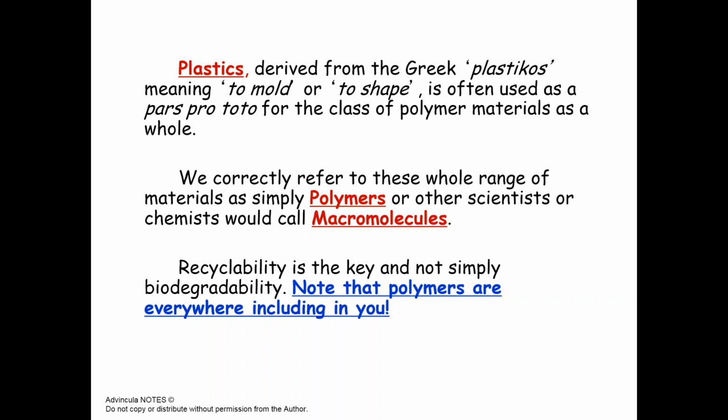Thus, plastics are derived from the property of large molecules called polymers. In fact, polymers are everywhere, including the human body. And around you, many things can be classified as polymers and not necessarily plastics.